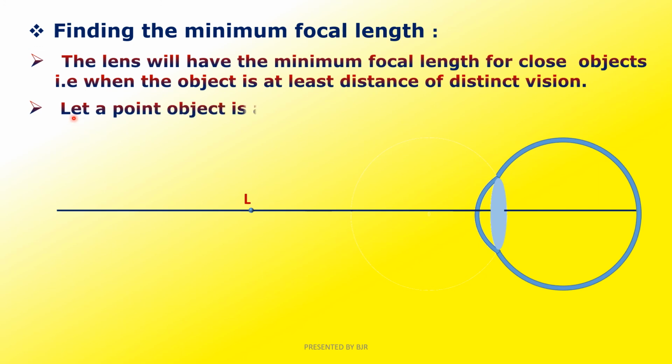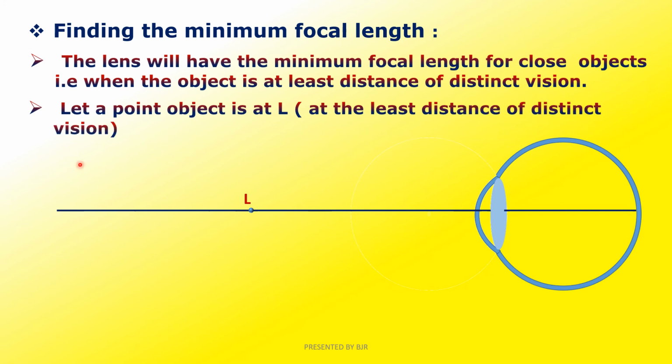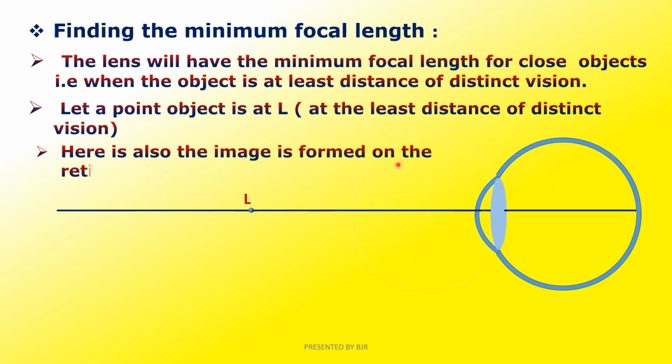Let a point object be at L, that is at the least distance of distinct vision. Here also the image is formed on the retina. Let us see how the image will be formed on the retina of this point sized object.